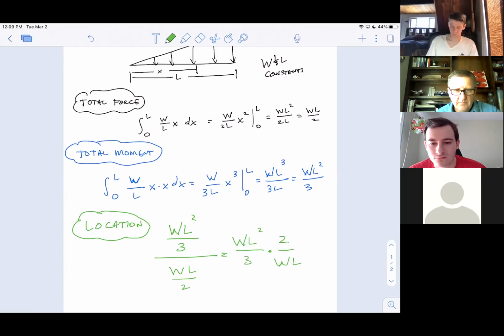What happens to that? W cancels with W, one of the L's cancels with one of the L's, and you end up with 2/3 L. Where is it located? 2/3 of the way over.